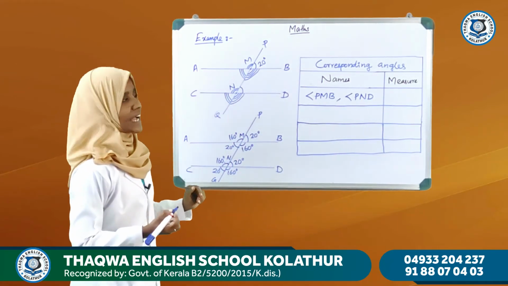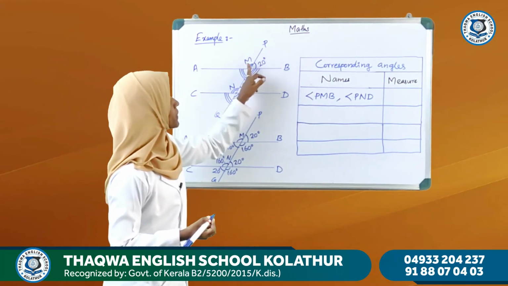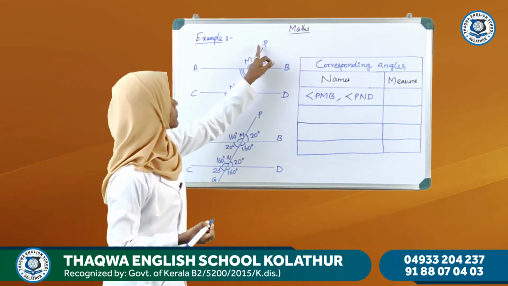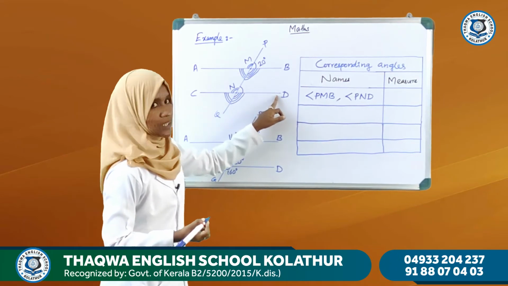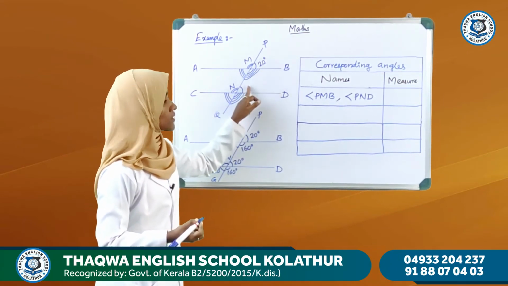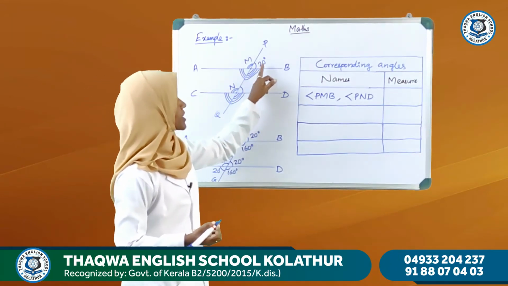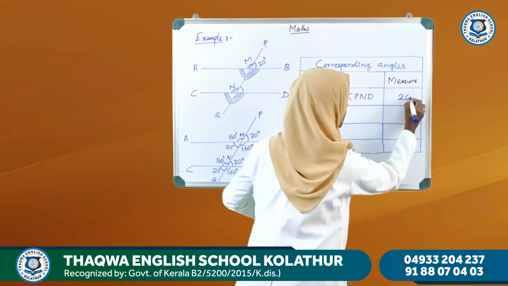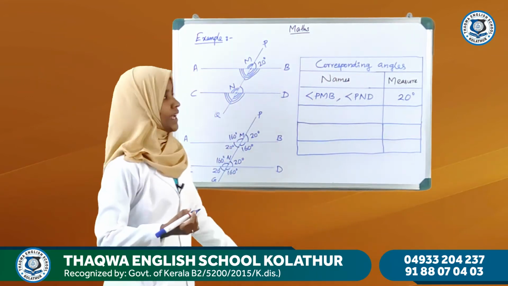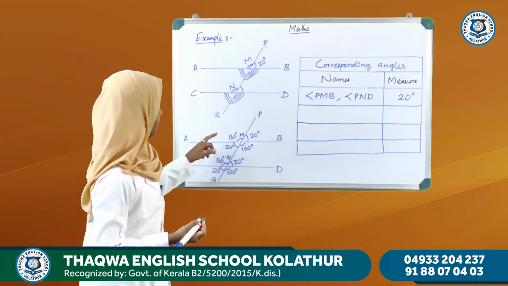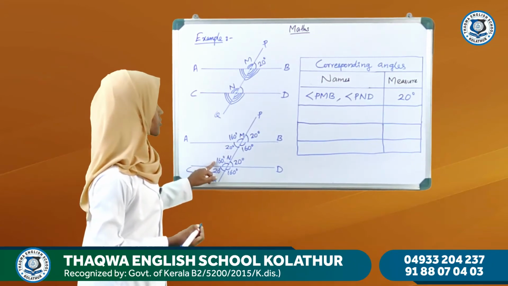What is the measure of these angles? Angle PMB, angle PND. These are the corresponding angles. What is the measure? 20 degree. Okay. Next pair 160 and 160.